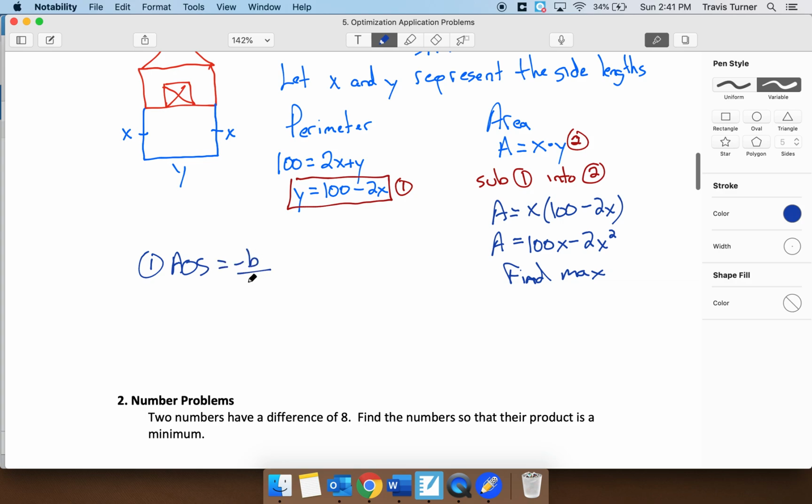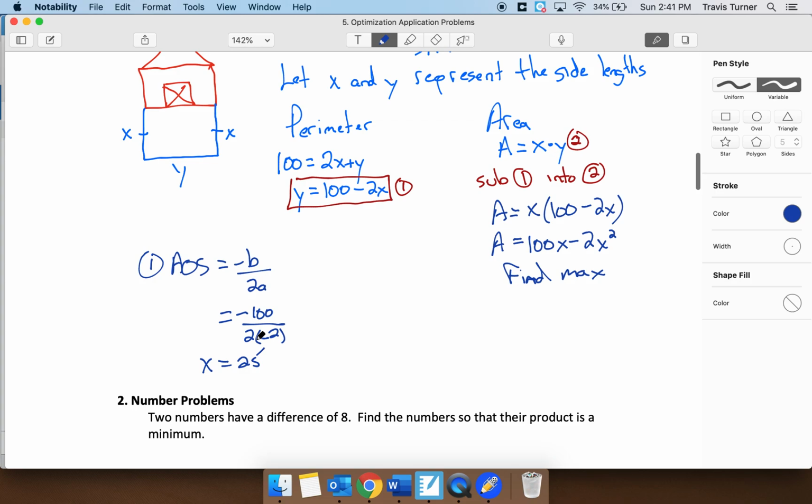So that's our negative b over 2a. So if I take this, watch, this is my b and this is my a because it's got the squared term, so that's a. So I've got negative 100 over 2 times negative 2. So that's negative 100 divided by negative 4, and that becomes 25.